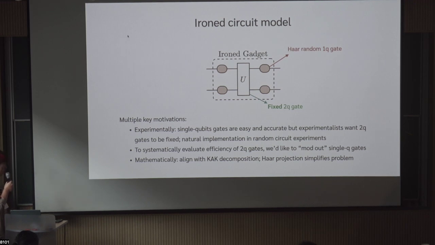First, experimentally, for a long time when I was talking with experimentalists from different platforms, they always tell me that the one qubit gate is very simple and we can do it very precisely. But we want you to tell us what two qubit gate is the best. Because two qubit gates are harder for us, we can fix a target two qubit gate and just focus on optimizing that fixed gate.